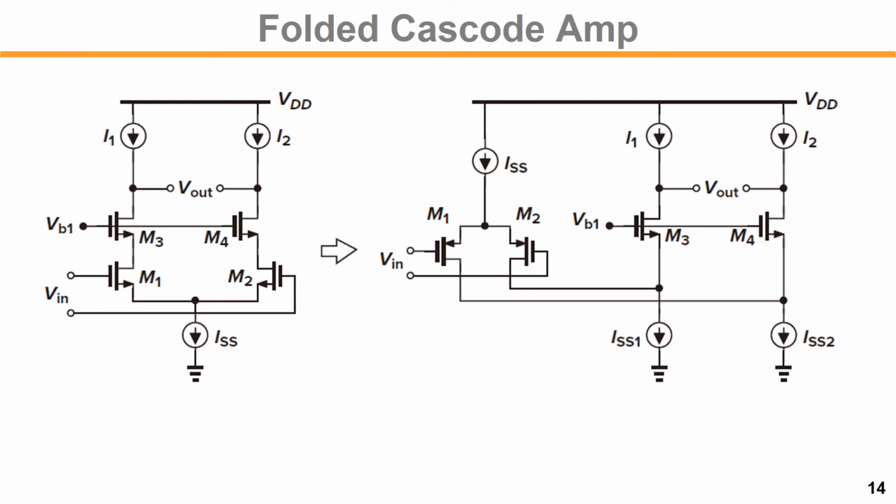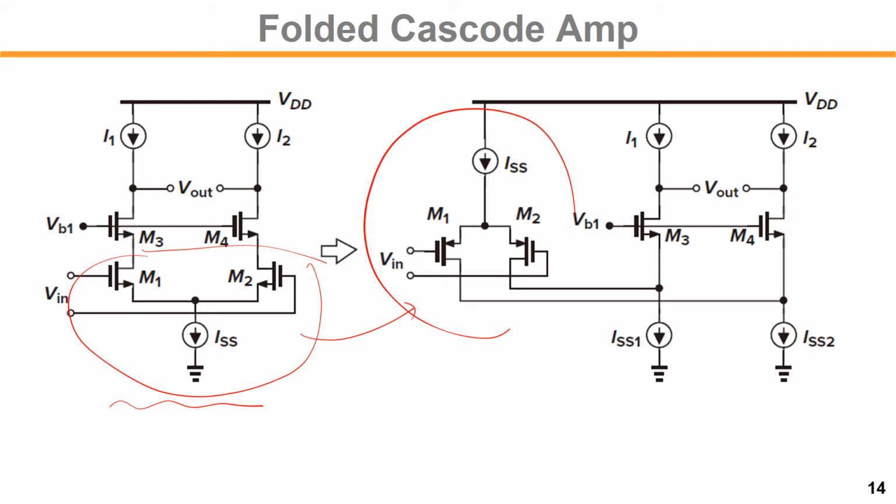So on the left, the telescopic differential amplifier can be folded. So this input device is folded, right? Along with this tail current source, ISS, right? That changed to a PMOS implementation, and then this current is what?